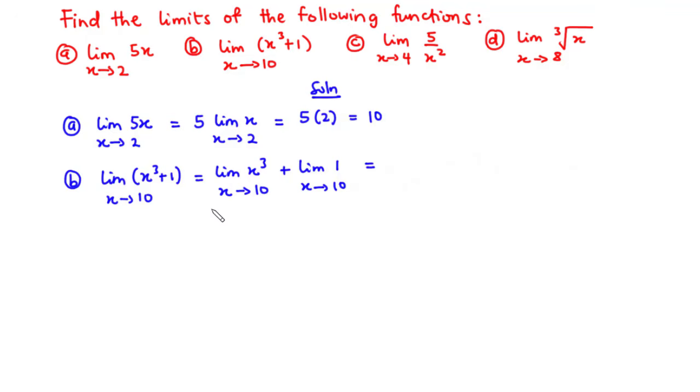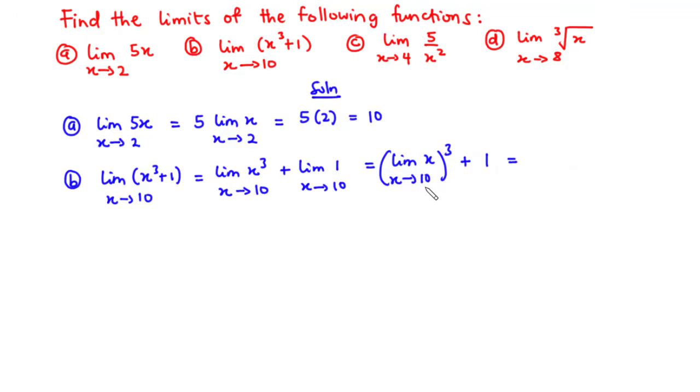So for this term, we can directly substitute 10 into this limit so that we have 10 cubed, or better still, we can express that as the limit of x as x approaches 10, all cubed. And then for the limit of 1 as x approaches 10, 1 is a constant, and therefore the limit of a constant function is equal to the constant itself, so that is equal to 1.